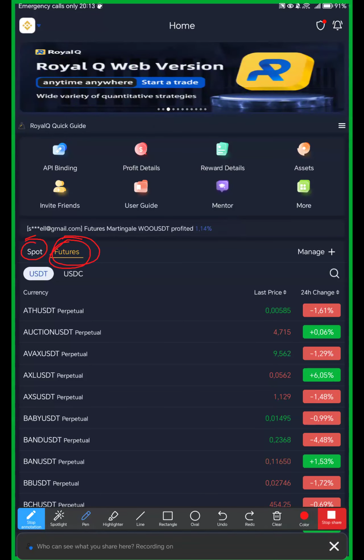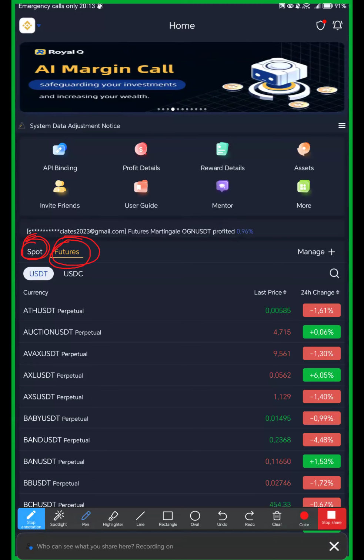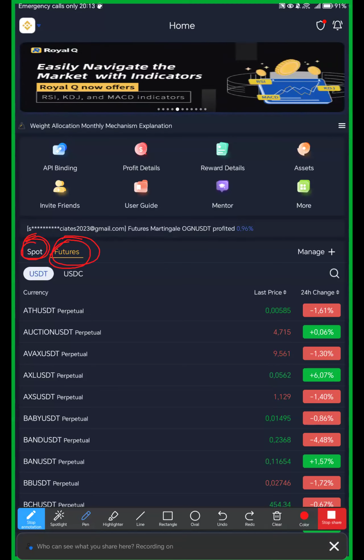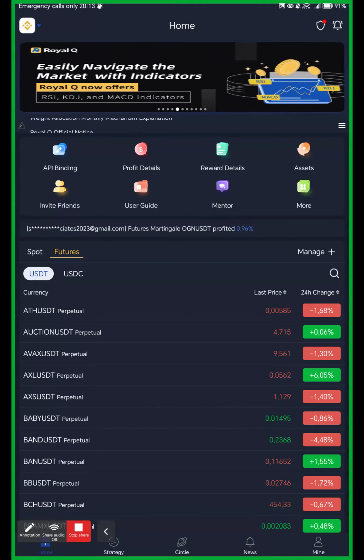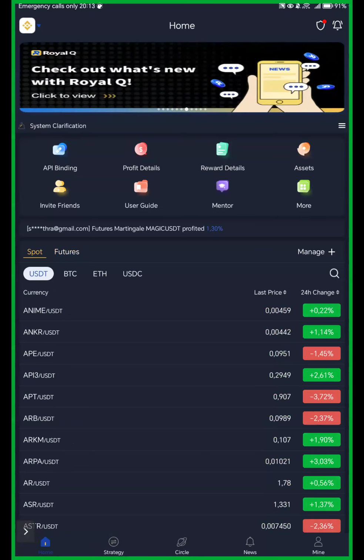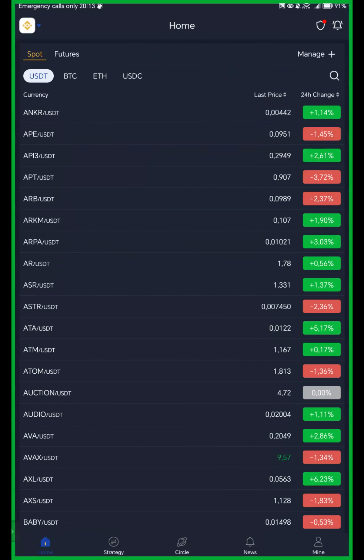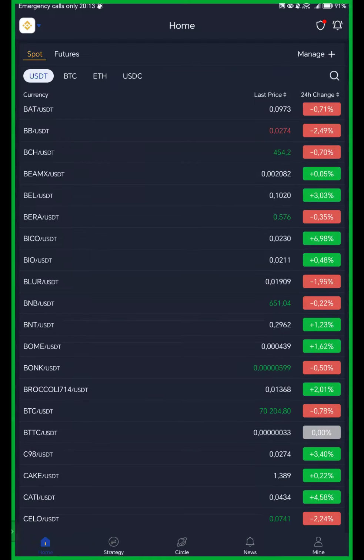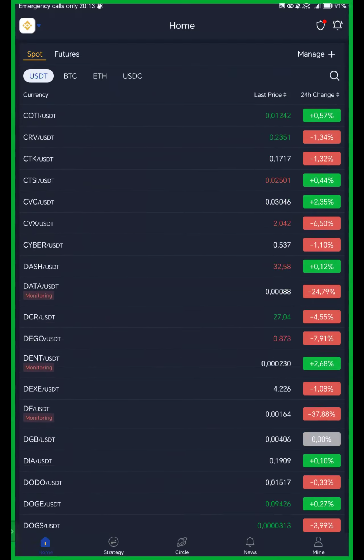If you are trading in the spot section, you click on spot and it shows you the list of coins available in the spot section. For example, if I tap like this, all these coins that are appearing right now are under the spot section.